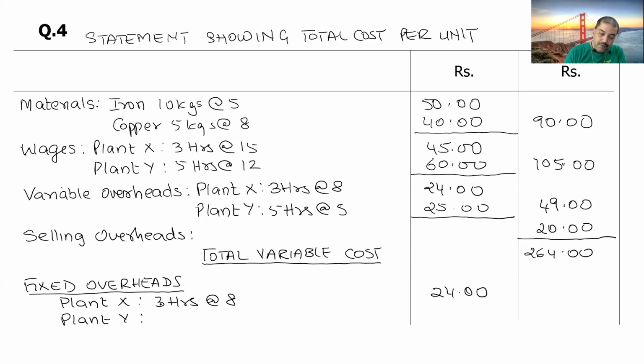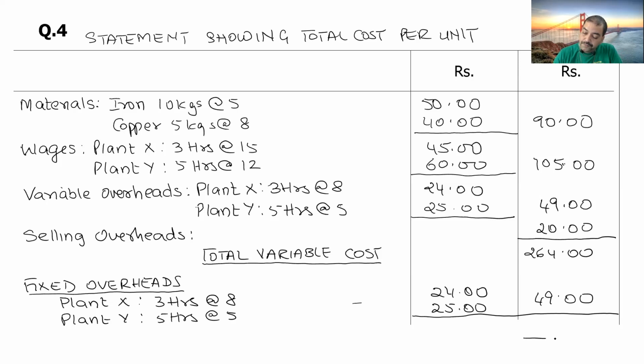Plant Y, 5 hours at 5 rupees, 25 rupees. Total 49. Total cost, 313.